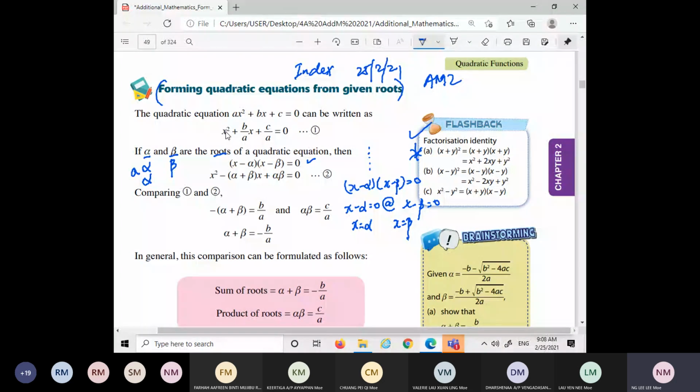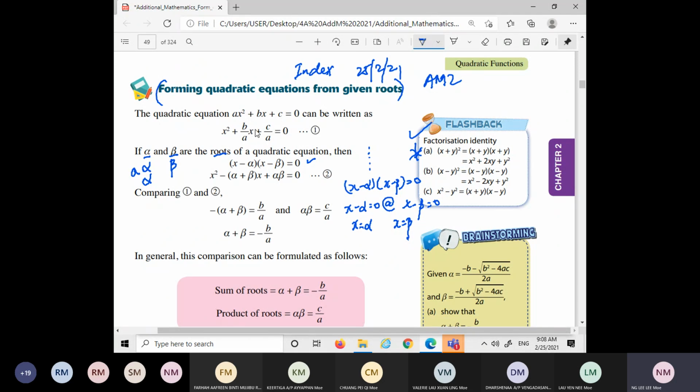The coefficient for x squared, this is 1, this is 1. Then only you are able to compare the following one. This is why just now I divided every term by a, because I want to make the coefficient for the x squared 1, because here I have 1.